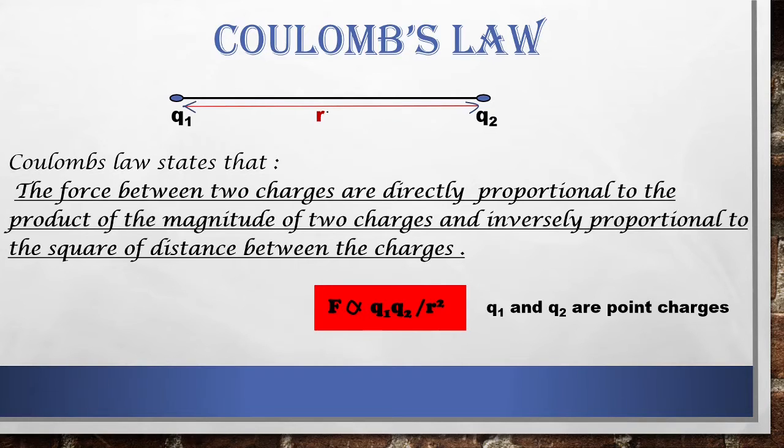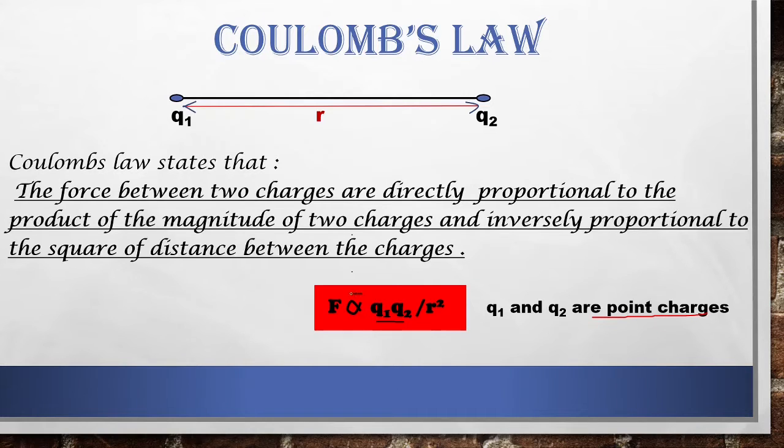Coulomb's law states that the force between two charges is directly proportional to the product of the magnitude of the two charges and inversely proportional to the square of the distance between them. Product of the magnitude means Q1 Q2, and the distance between Q1 and Q2 is r, so r square. F is proportional to Q1 Q2 by r square, where Q1 and Q2 are point charges.